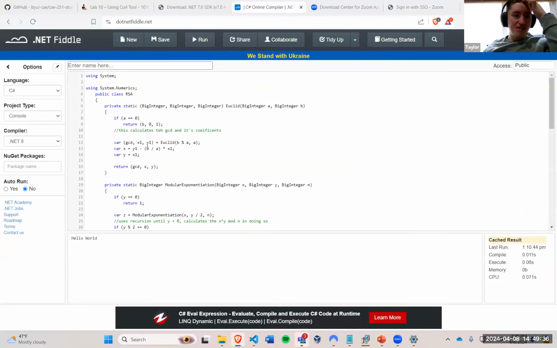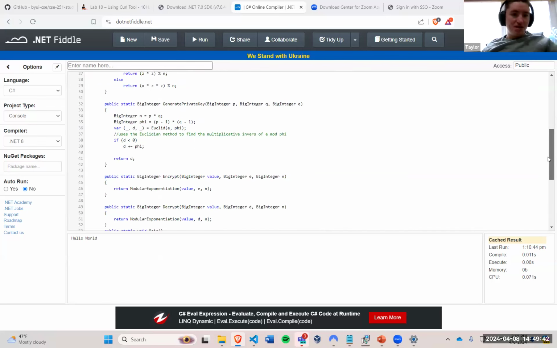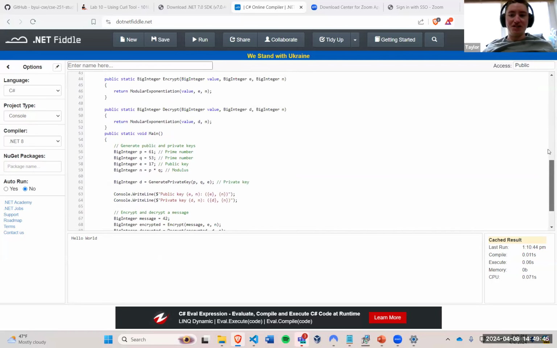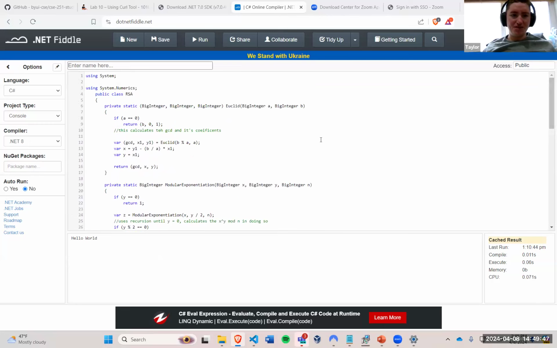And I wanted to use this online just because the .NET 7 and 8 compiler for C Sharp, we're having a little bit of a hard time working on the new laptop that I got. But first we're going to use system and then system.numerics.